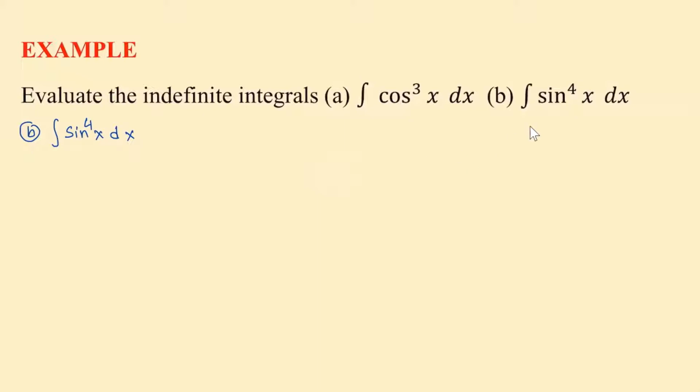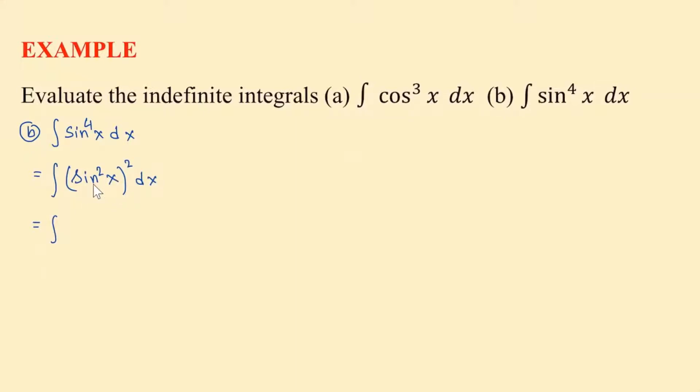So what I mean by that is we are going to rewrite sine raised to 4x as sine squared x quantity squared. Sine squared squared, that is sine raised to 4x. Now, for sine squared x, I'm going to use that half angle formula.